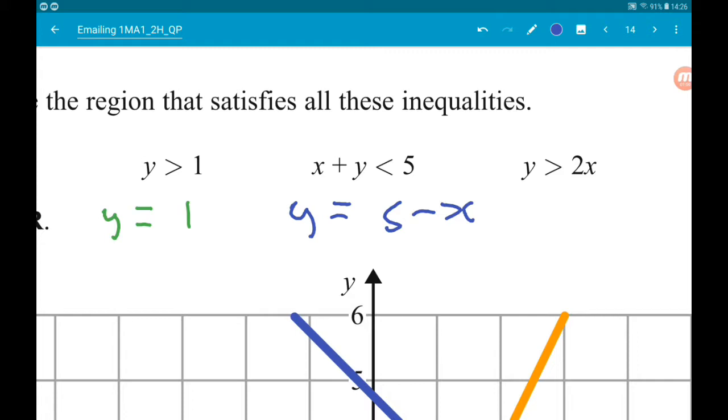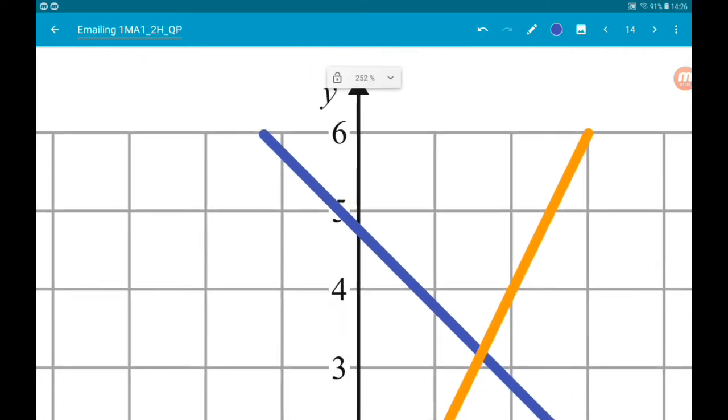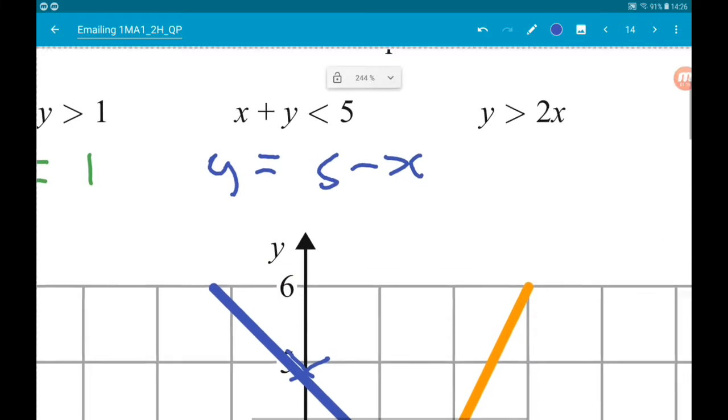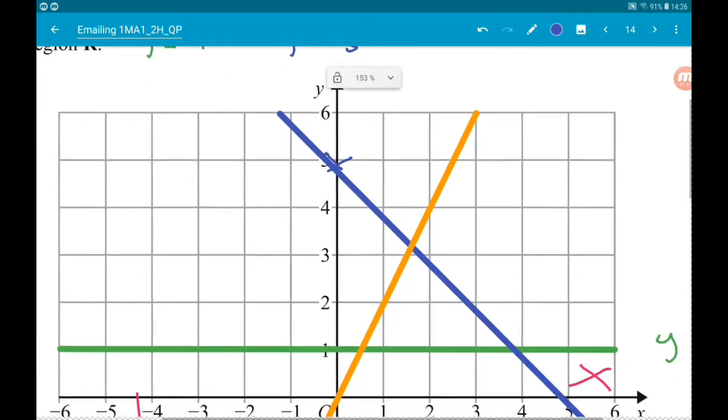So when x is equal to 0, y would be 5. So that's that point there. And when y is equal to 0, we would get 5 minus x equals 0, add the x, so x would be 5.